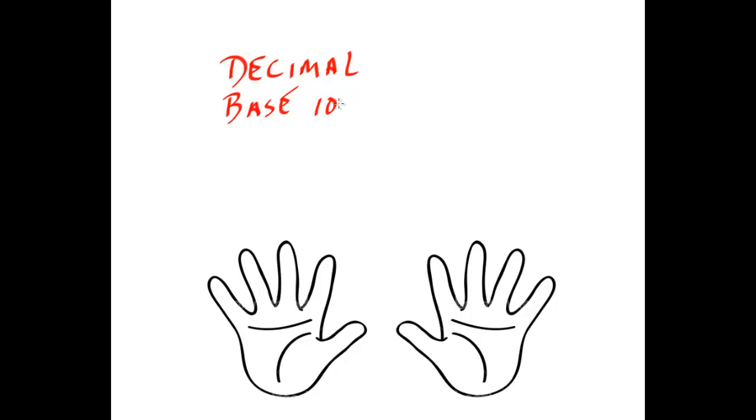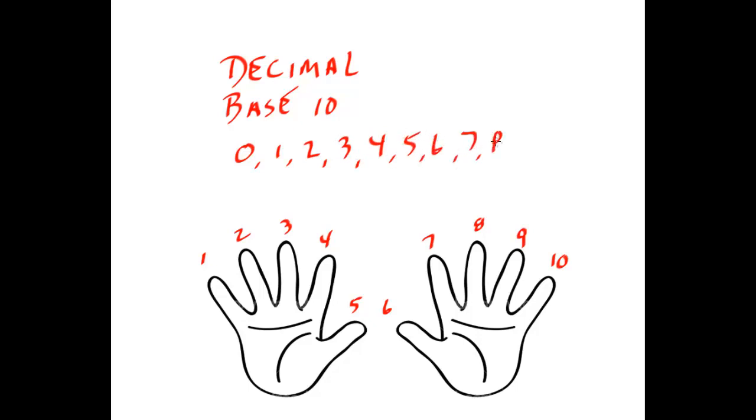So to review, for all you people who have forgotten kindergarten, we would count like this: 1, 2, 3, 4, 5, 6, 7, 8, 9, and one set of 10. And the only digits we use are 0, 1, 2, 3, 4, 5, 6, 7, 8, and 9.